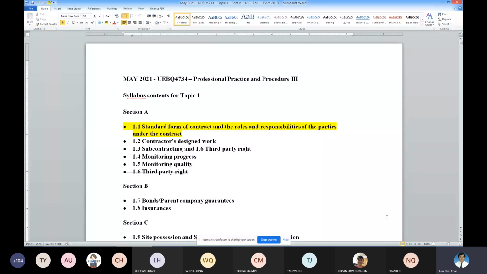Okay, that is on standard forms and also non-standard forms. Okay, but what we are going to learn and pick up the knowledge for this so-called professional practice 3 is based on our local standard form.